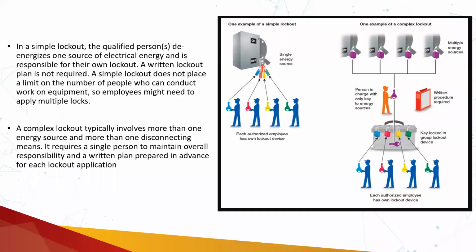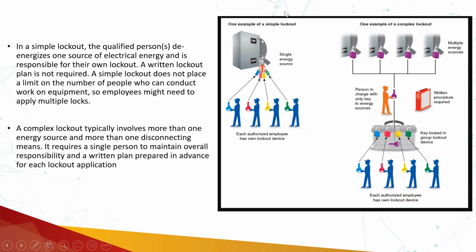So from another picture, I've taken this picture from the handbook. It again represents that there is only one disconnecting means, a single energy source. Multiple authorized or qualified persons are putting their locks there and locking out. So that is going to fall under the simple lockout and tagout.